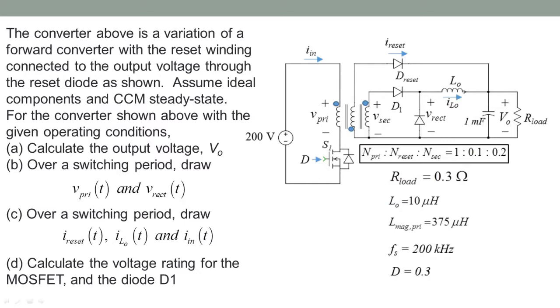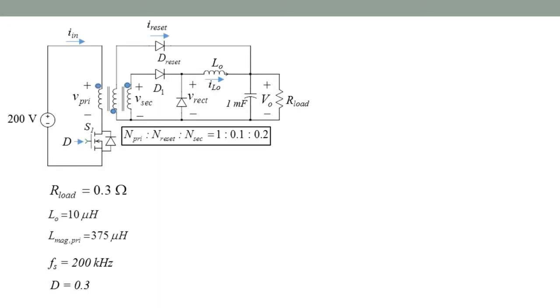We need to calculate several waveforms, but the first one is the output voltage itself, so let's do that first. This is still a forward converter, especially when you try to calculate the output voltage. So we can draw the waveform of Vrect to calculate the output voltage.